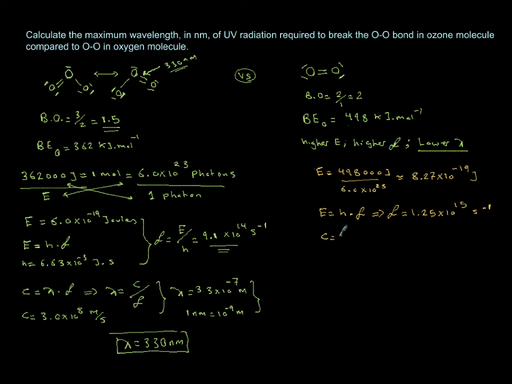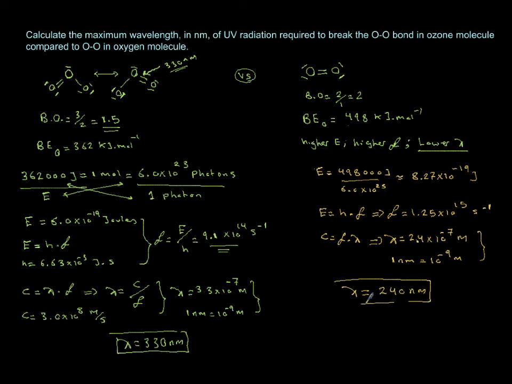Speed of light is frequency times wavelength, so we can apply it now and find the wavelength is equal to 2.4 times 10 to minus 7 meters. In order to convert it to nanometers, we remember 1 nanometer is 10 to minus 9 meters. So finally, the wavelength is 240 nanometers.